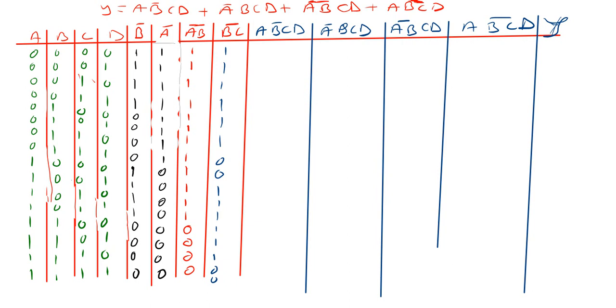So let's start. We are going to use these particular extra columns we have made. We take the initial term A, we use BC that we have already constructed, and D. You know this is multiplication.